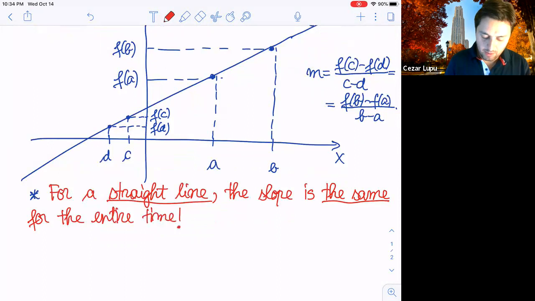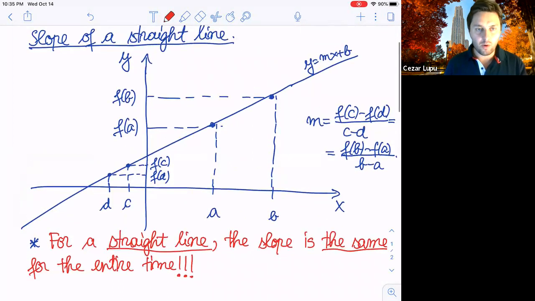So keep this in mind. This is a very, very important observation. So this is what happens in the case of a straight line. This is the story with the slope of a straight line.